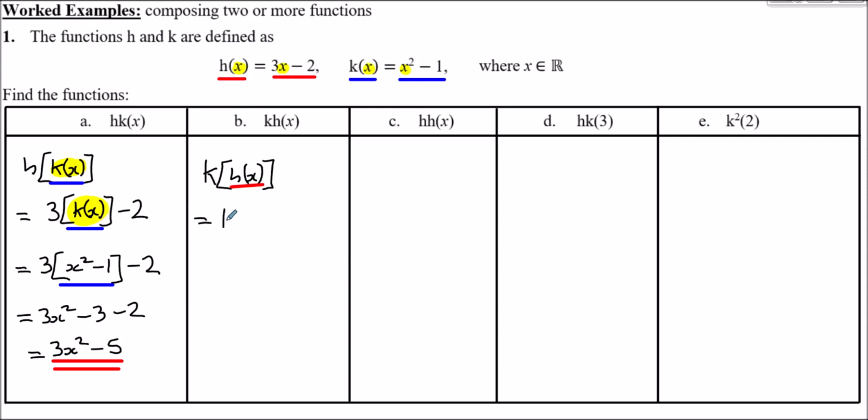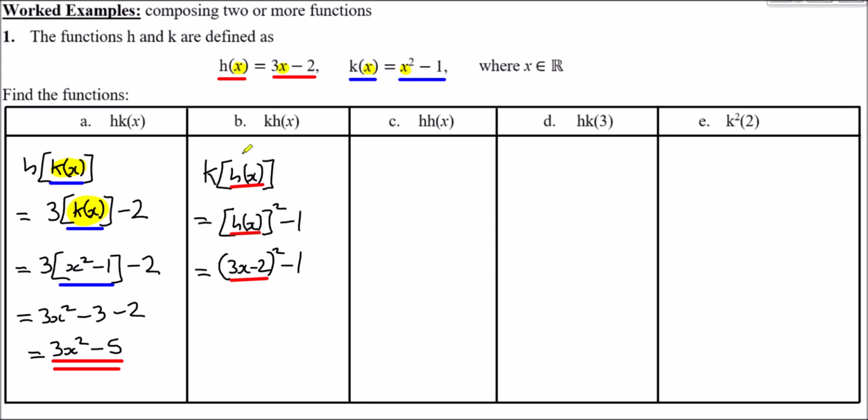Well, k takes the input, squares it, then minuses 1. So that's going to be h of x all squared, subtract 1. We can infill what h of x is now. So h of x is 3x minus 2. So that just means 3x minus 2 all squared minus 1.